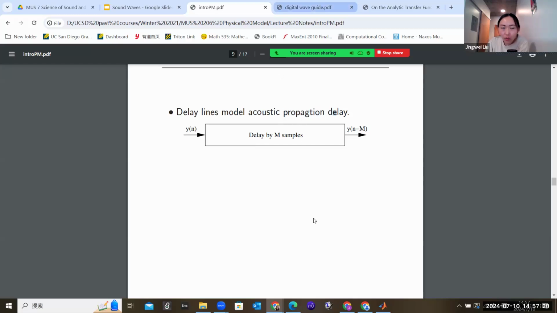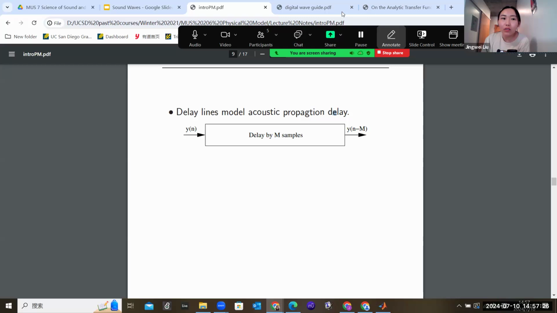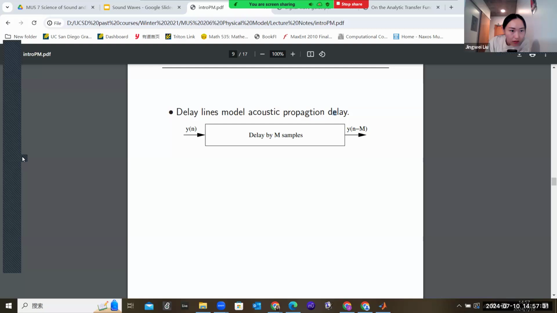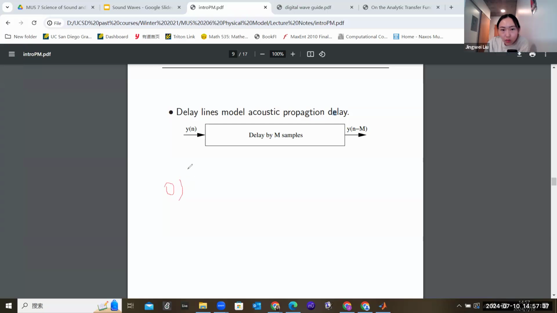Okay, what that means. Let me find this annotation again. So we know if this is a sound source, and then this will emit sound, and the sound will propagate through the transmission medium, this is the air, and the sound will propagate like this.